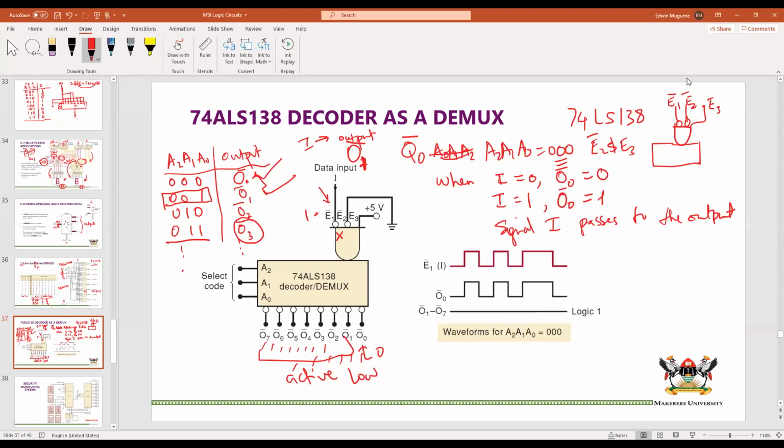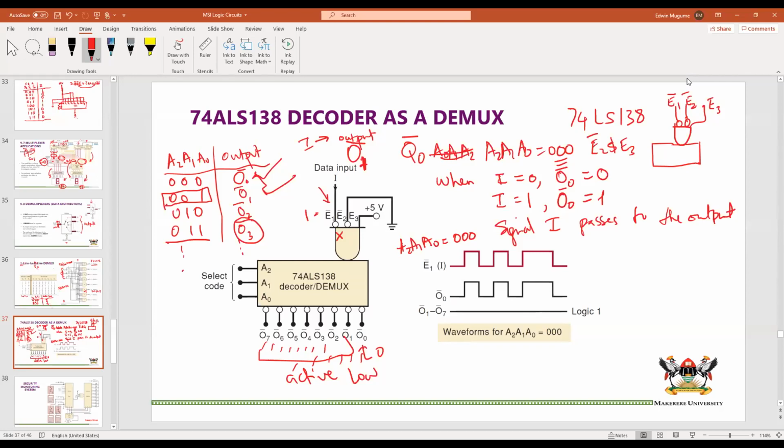So whatever we have at the signal input, which is going through the first enable input of that decoder, will be passed through to the output, but it also depends on which particular output has been selected. Now, let's imagine that I is changing like this. If A2, A1, A0 are equal to 0 0 0, that signal, however it looks, is passed to the 0 output.